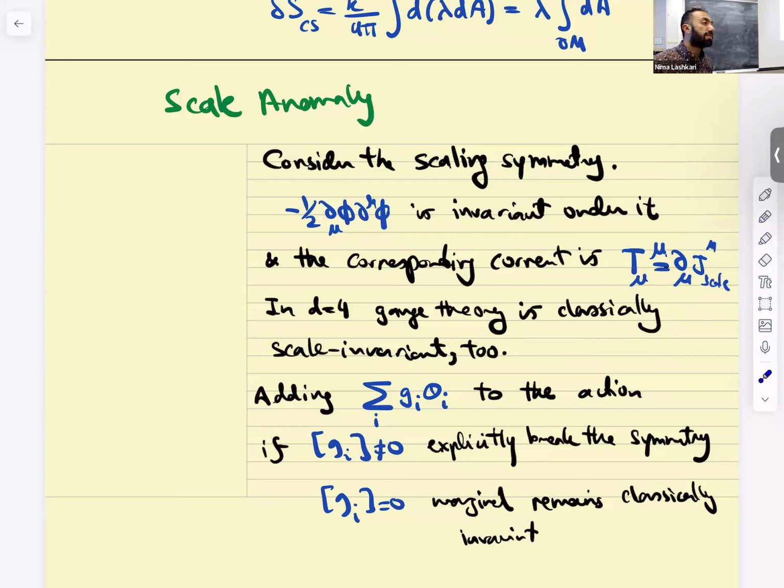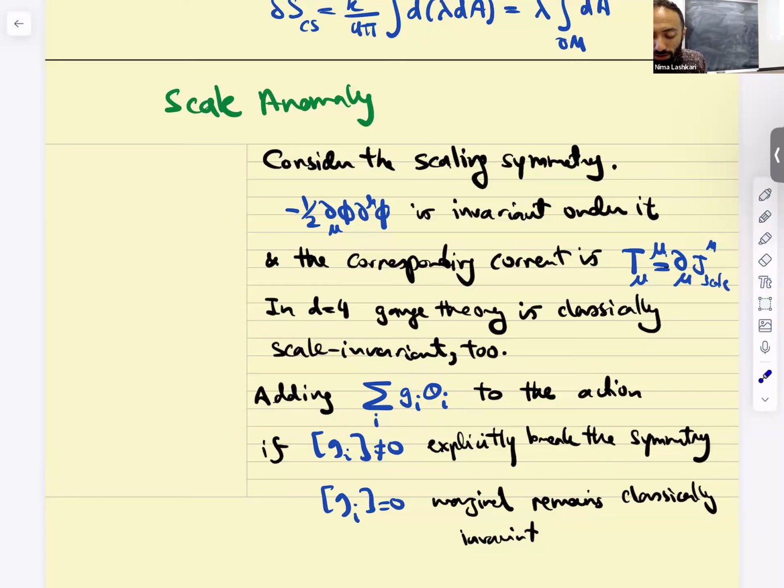Recall that we defined the stress tensor using the Noether current. Now, if we add to the action terms of the form sum of g_i O_i, if the scaling dimension, the naive dimension counting dimension of g_i, is not zero, they explicitly break the scaling symmetry.